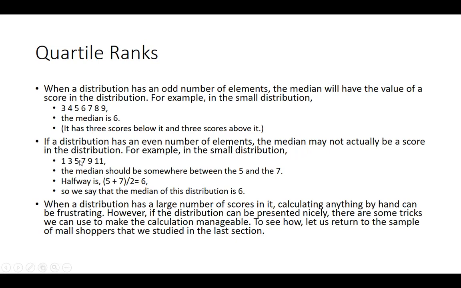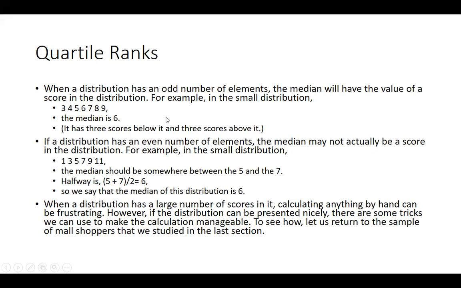So right in between the 5 and the 7, halfway would be the average of the two. 5 plus 7 is 12, divided by 2 is 6. And you might have been able to tell that 6 would be halfway between 5 and 7. Anyway, we say that the median of this distribution is 6.